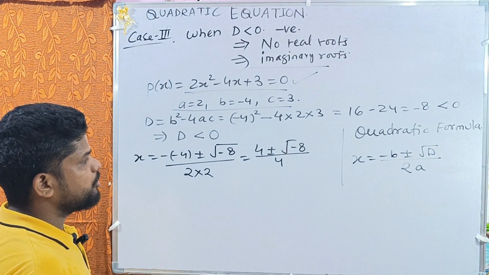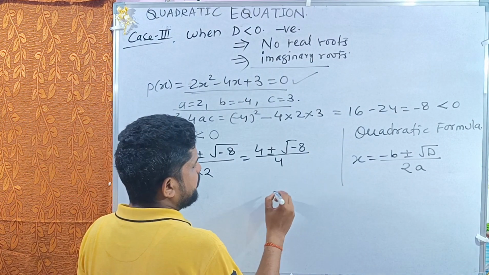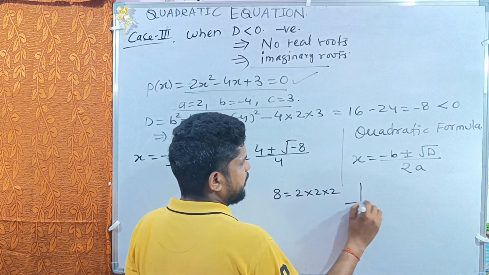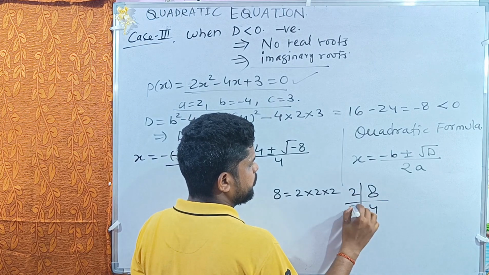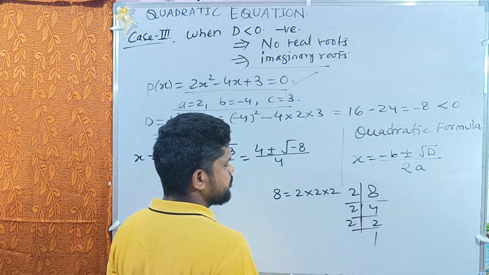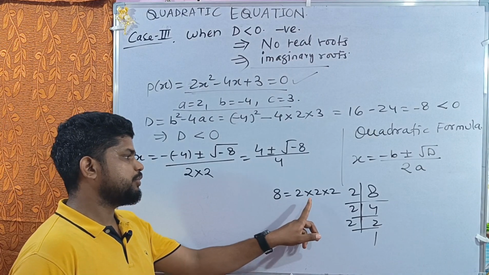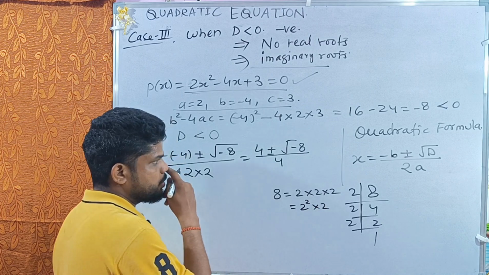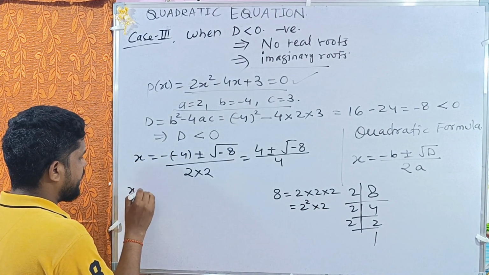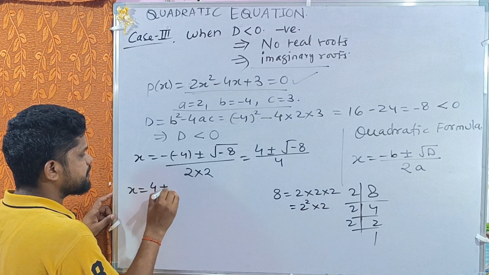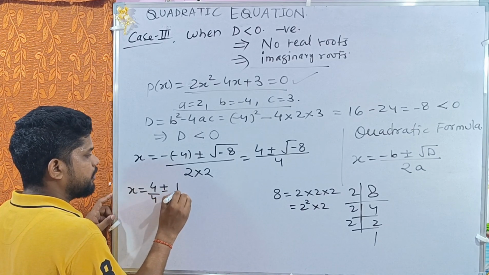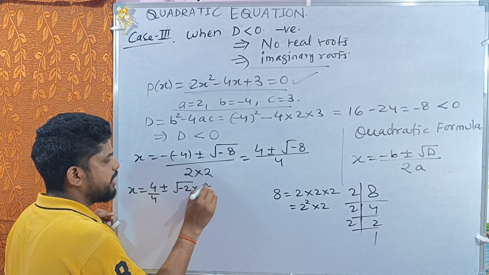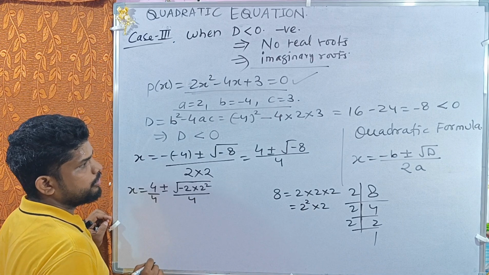And one more thing, dear students, the prime factorization of 8 is 2 into 2 into 2, which we can write as 2 square into 2. So here x equals 4 plus minus 2 square into 2 with a minus sign inside the root, divided by 4.